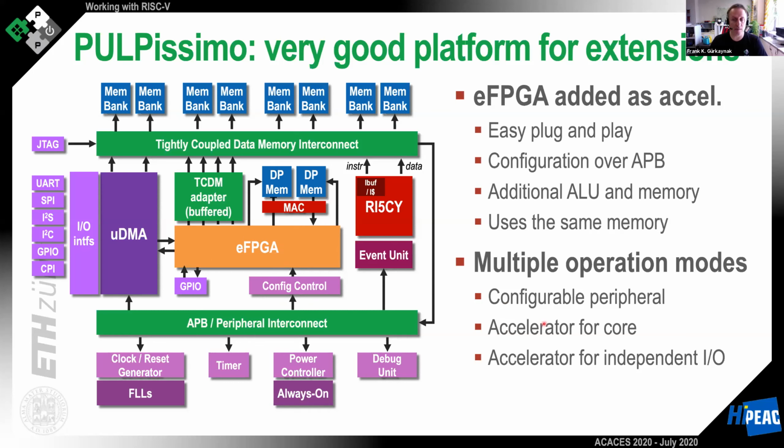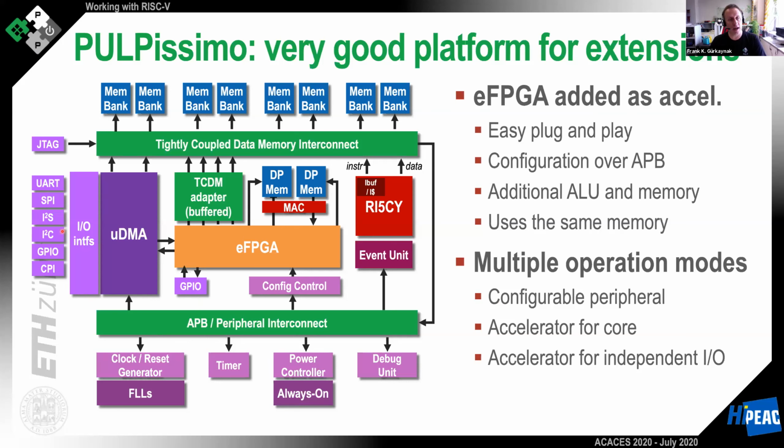At the same time, which is very interesting, it can also be used as a configurable peripheral, meaning that it can access the I/O pins, the GPIO pins, directly, and adapt to any protocol that you may find in the wild when you want to attach it to your microcontroller.